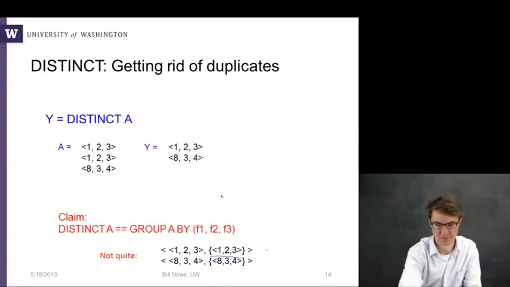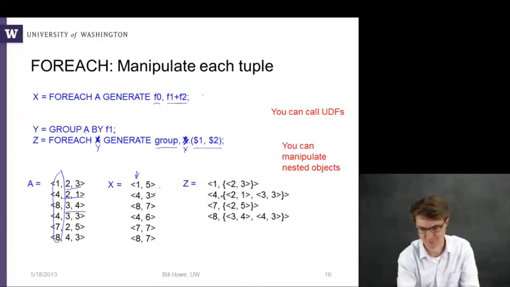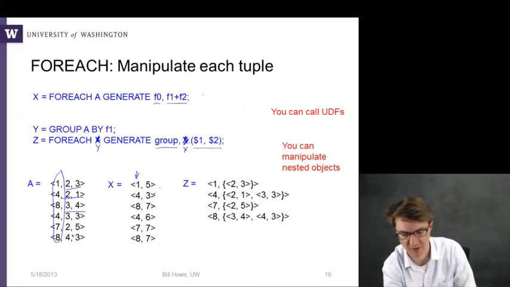Oh, sorry, I didn't actually do the complete example of Y. So Y is all of A grouped by the first field. But then we're going to generate the grouping field, which is the same, and we're going to project out the second two columns. We're going to ignore the first column in each one of the bags.